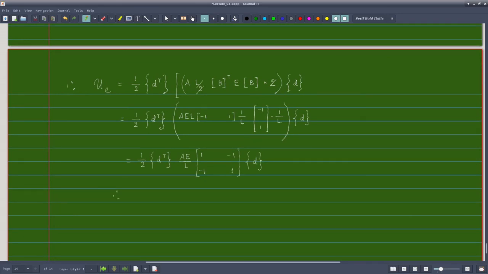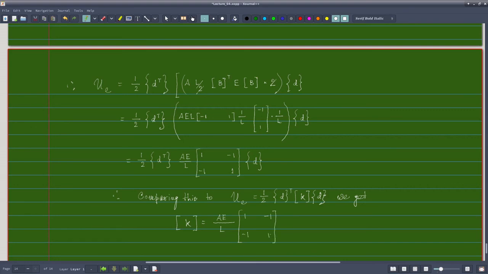Therefore, comparing this to U element equal to half D transpose into the nodal internal force, which is K times D, we get the element stiffness matrix as K equal to A by L into this matrix 1 minus 1 minus 1 1.